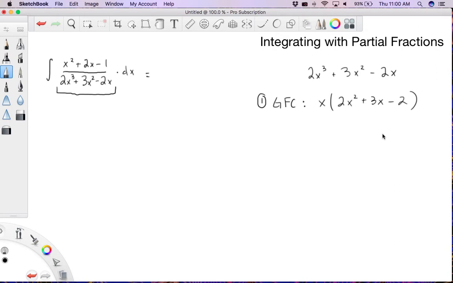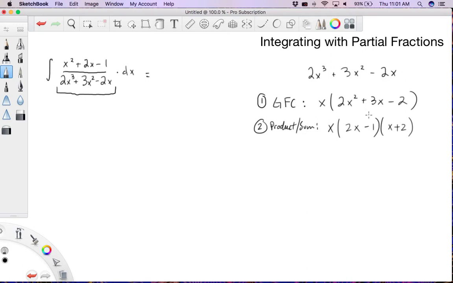And then we're going to apply product sum. If I'm not mistaken, the quadratic factors into 2x minus 1 and x plus 2.